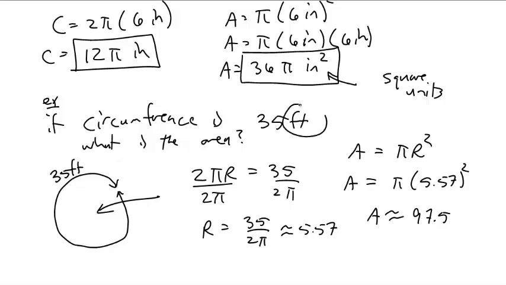Well, we had feet, so if the distances that you're using are feet, then the area is square feet. So 35 feet of rope wrapped around into a circle is going to contain a little under 100 square feet.